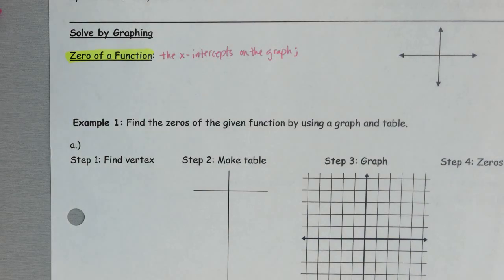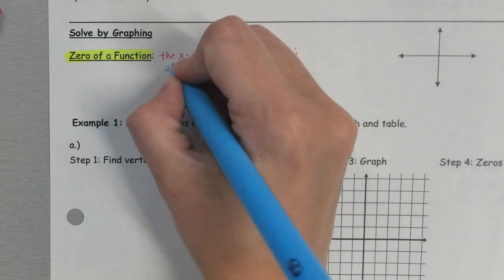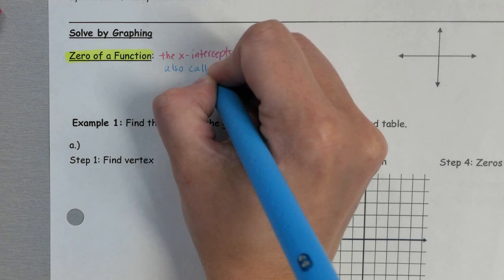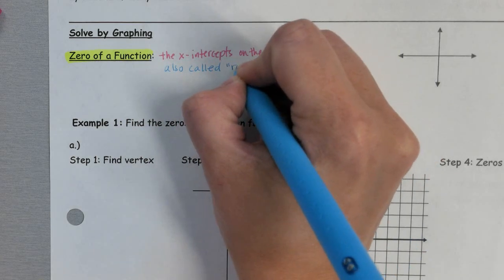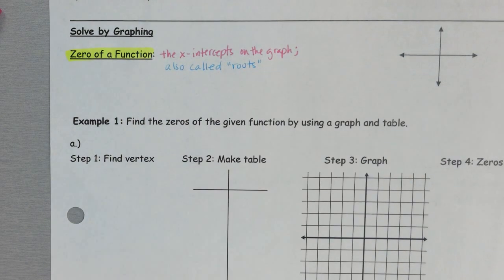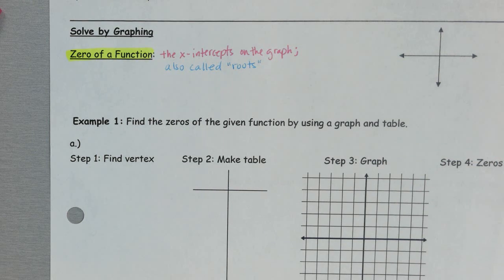But they have another name. Do you guys know another name for them? They're also called roots. So they could say find the zeros, find the x-intercepts, or find the roots. All of those are the same.